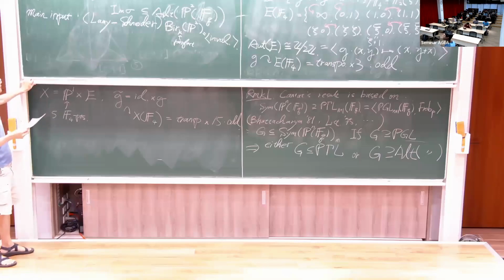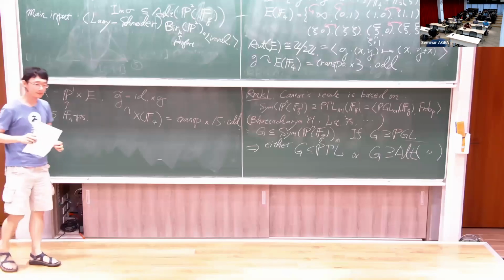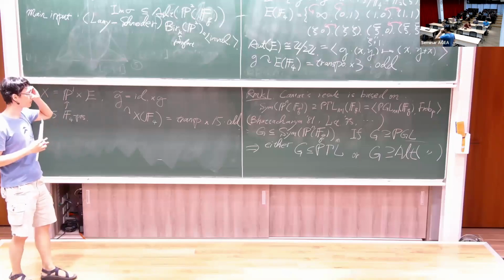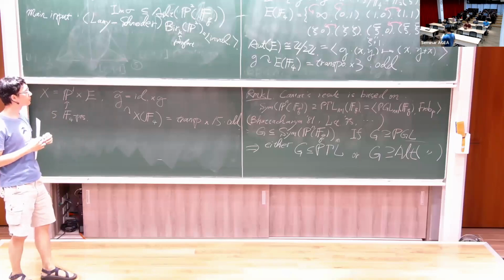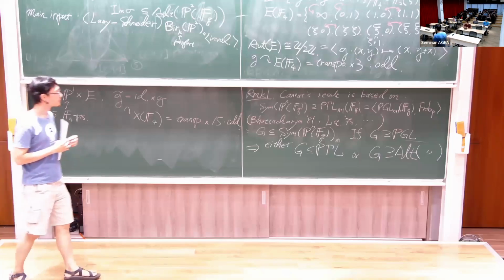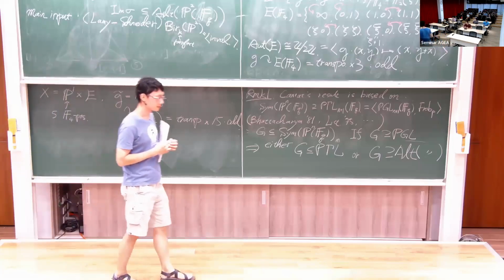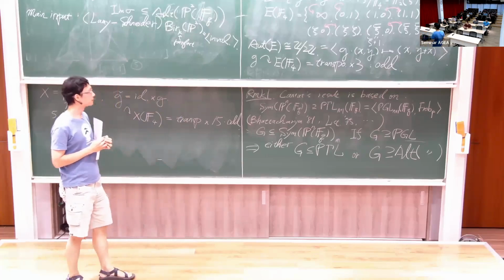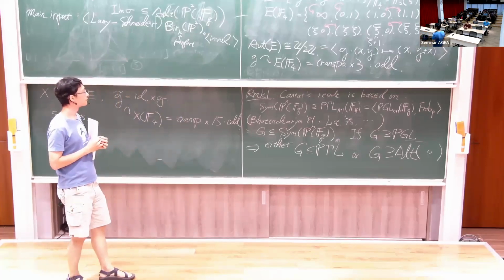Yeah. Any question? Does it follow from the description of the automorphism group of an elliptic curve that automorphisms of the elliptic curve cannot produce all permutations of the 8 rational points? Because we know that the automorphism group of an elliptic curve is a semi-direct product of translations with the automorphisms of E as a group.